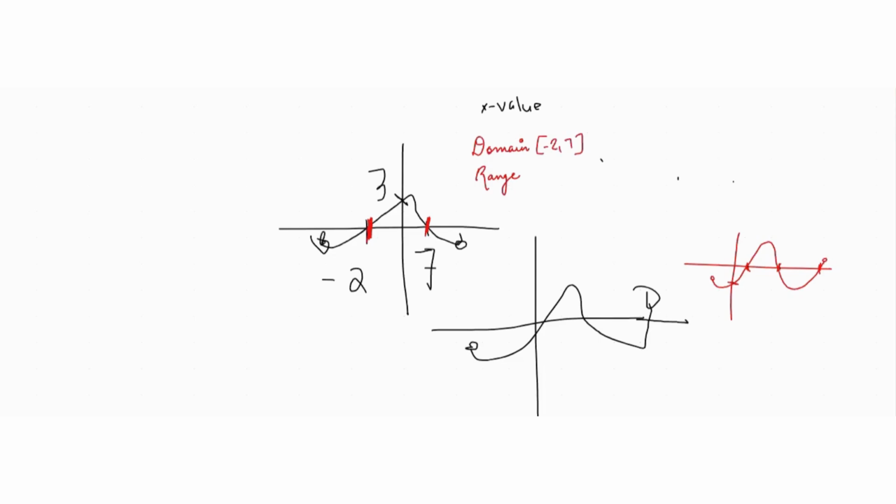An x-intercept means the graph should cut the x-axis, but here it is not cutting the x-axis. Can you see this graph intersecting the x-axis? No.